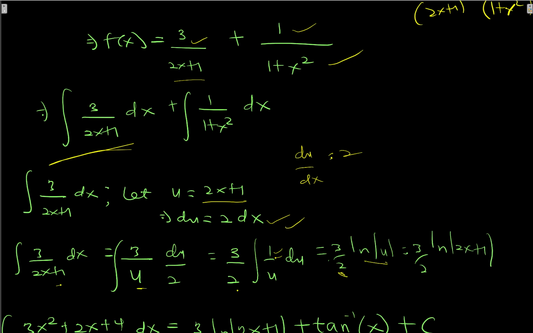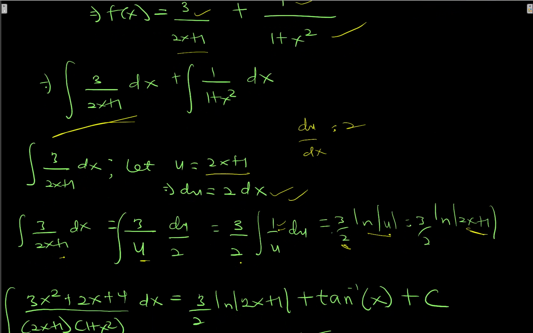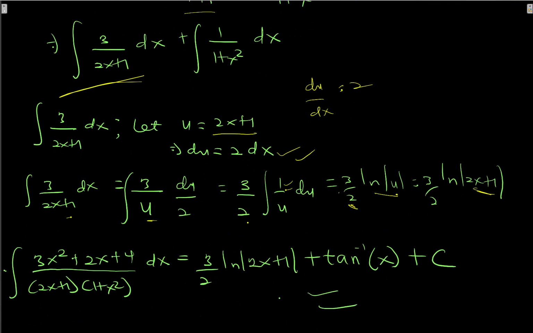So we obtain a natural log function, which you multiply by 3 over 2. But our u is 2x plus 1, so you substitute it here, and therefore our final answer is 3 on 2 ln of 2x plus 1. Then for the second term, the integral of 1 over 1 plus x squared dx is the arctan of x.